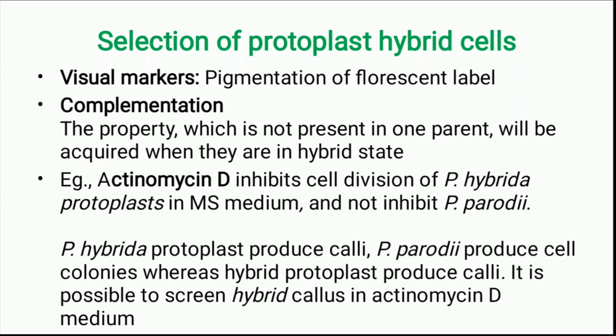So if the heterokaryon hybrid protoplast is grown in actinomycin D, it will produce cells with callus. If it is a single parent cell, it will not produce, since actinomycin D will not allow the Petunia hybrida cells to grow. Based on this, we can easily identify the colonies which are made up of hybrid protoplasts.